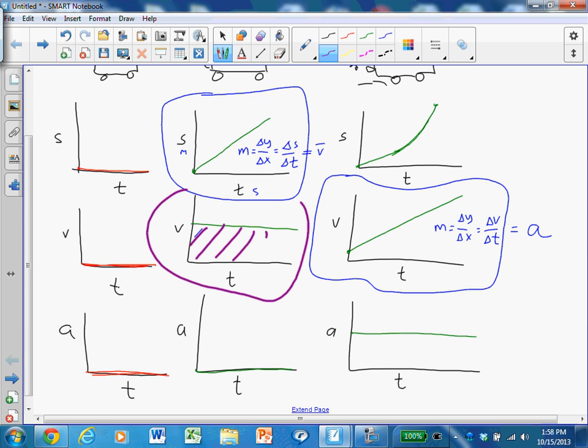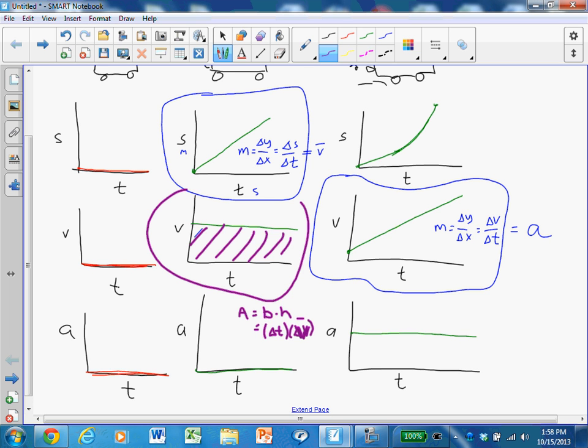The area of that rectangle would be base times height, which would be change in t times the average velocity, v bar, which is constant here because it stays the same.